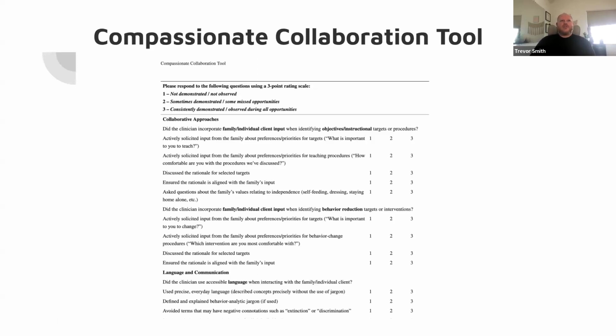So this can be used in a fidelity type situation where a supervisor may see a session and then rate them, and depending on how well they did, determine: do we need to have some more training? Do we need to improve these skills, or are you doing well? So I think this is a really good tool to use to determine those things.